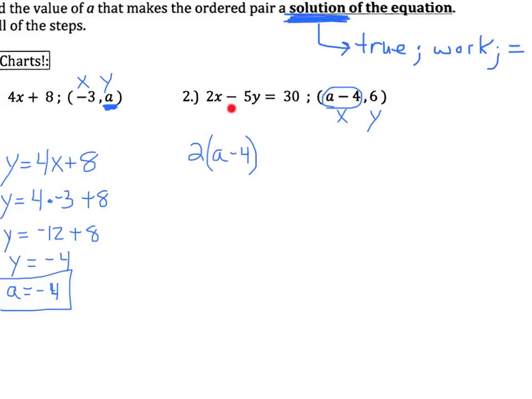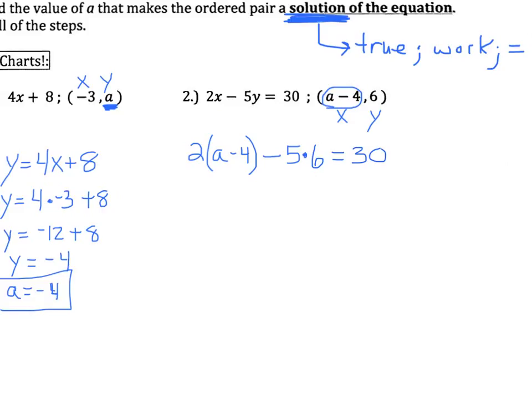All right, now keep going. There's a minus, and then there's a 5y, but now I know y is 6. So I'm going to take y out, and I'm going to put 6 in its place. And we're going to see if it equals 30. That's the question. Does it equal 30? And if so, what will a have to be?